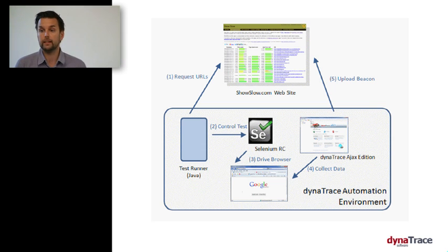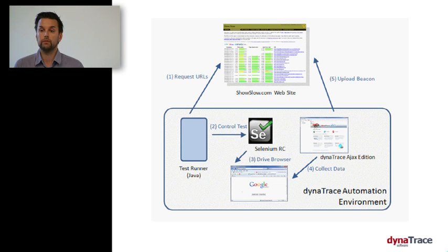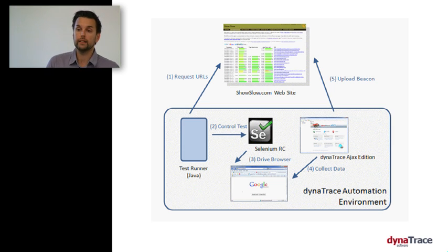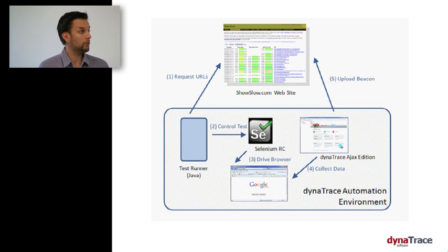And as soon as the test case finished, meaning the browser closes, it then automatically uploads all the collected performance information to show slow. So what it's actually doing is sending a JSON beacon to an HTTP endpoint. That's what it's doing. This is now running at dynaTrace in production for over 1 month. And it's doing pretty fine, and it's pretty easy. So you just take your current test cases, and you can automate them and then collect the performance information.